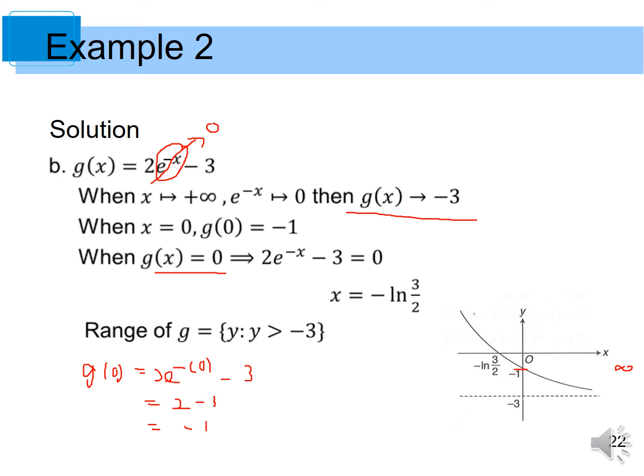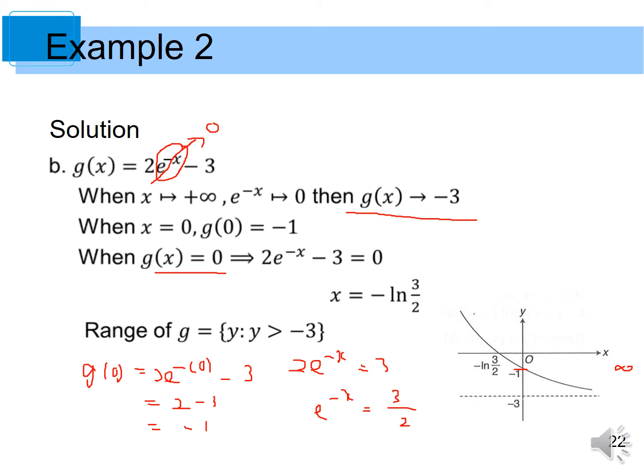We have 2 exponent to the negative x minus 3 equal to 0. So we move the -3 to right side. So we will have 2 exponent negative x equal to 3. And 2 move to right side, we will have 3 over 2.